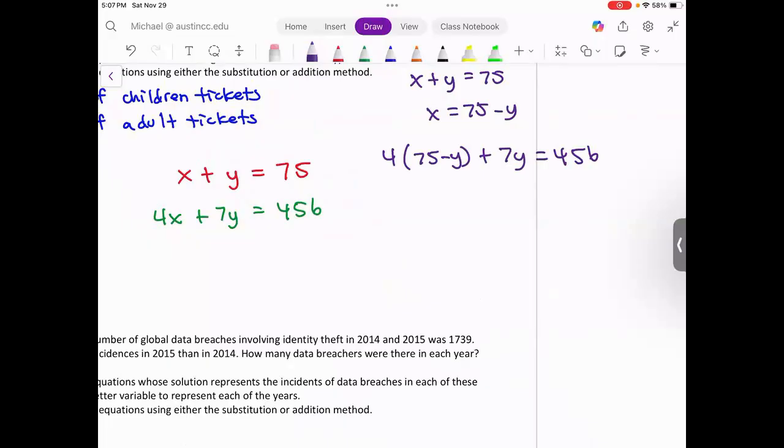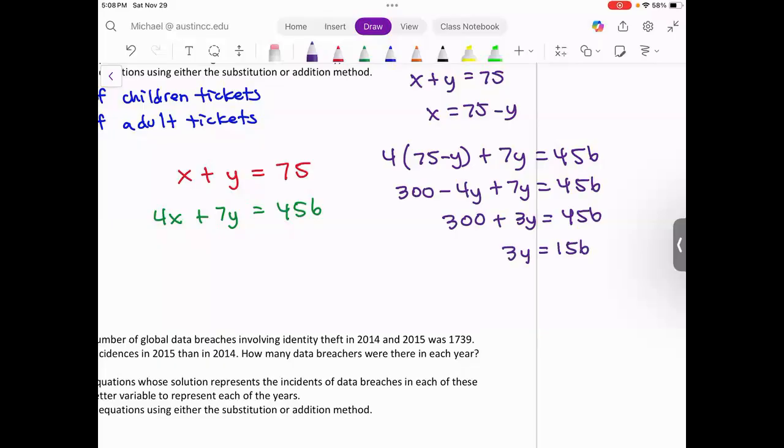Now, this will be 300 minus 4y plus 7y equals 456. So 300 plus 3y equals 456, or 3y equals 156, or y equals 52.